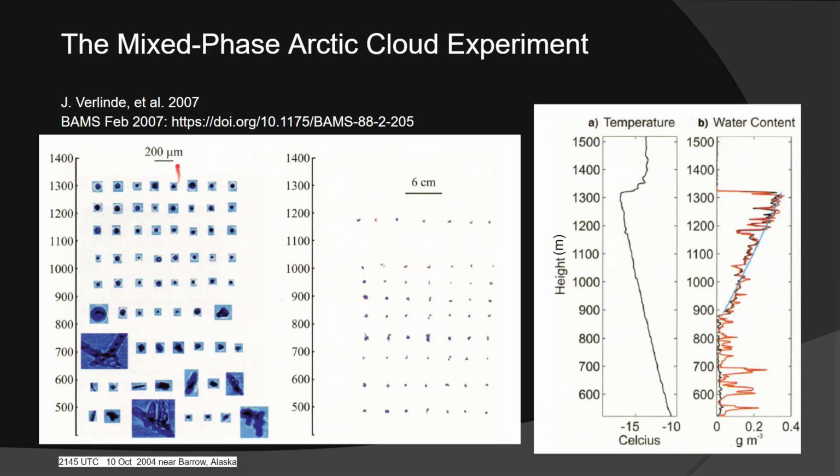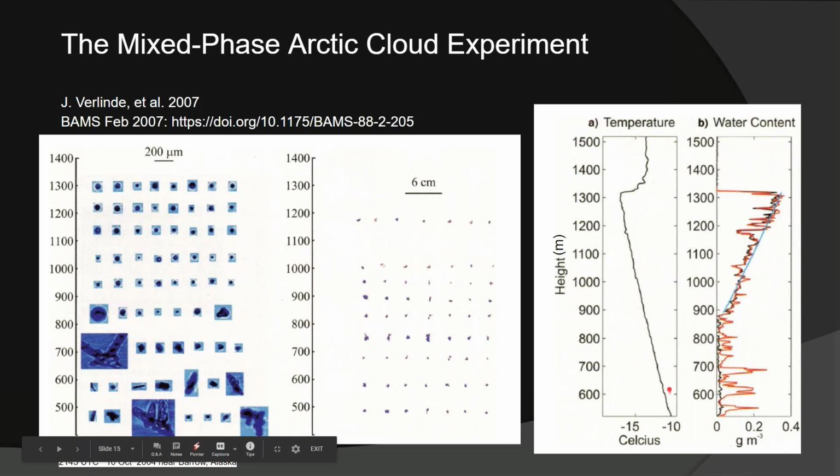And so this is 200 microns. So we're looking at cloud droplets here at 1,300 meters, transitioning as you go vertically to see some of these ice initiation or rimed ice growth at the bottom here. And then these are all ice particles and where they're showing up within this cloud layer. And then on the right-hand side is just the temperature profile.